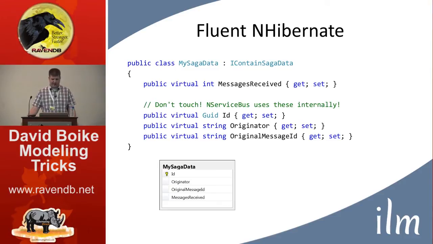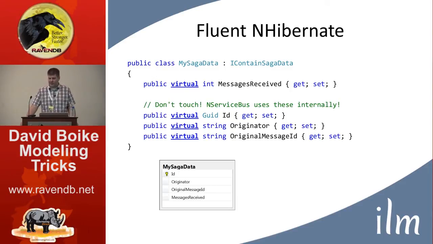This is what Fluent NHibernate creates. That's fine. It's got a primary key on the ID, and then the originator, message, blah, blah, blah. It's great. Did you notice that virtual keyword?